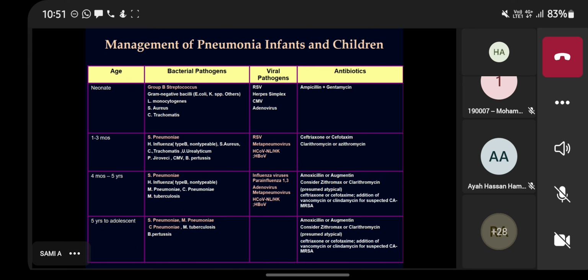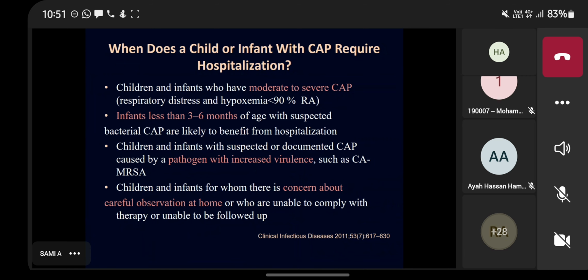In older children, you may use a macrolide. However, if the child requires admission, then depending on the age, you can use ceftriaxone or a third generation cephalosporin. If the child is really quite sick, you need to keep in mind community acquired MRSA. You may use vancomycin and clindamycin.